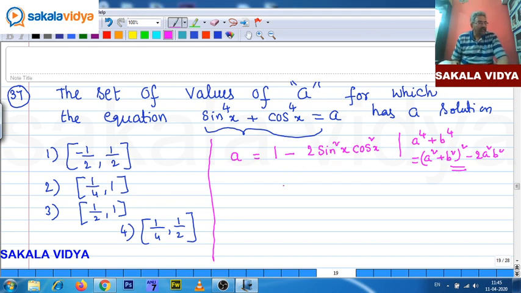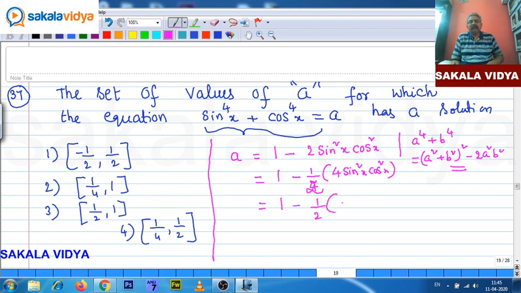Next, for our convenience, this can be written as 1 minus 1 by 2 of 4 sin square x cos square x. Can I write like this? Any doubt? Next, 1 minus 1 by 2 of 2 sin x cos x whole square.